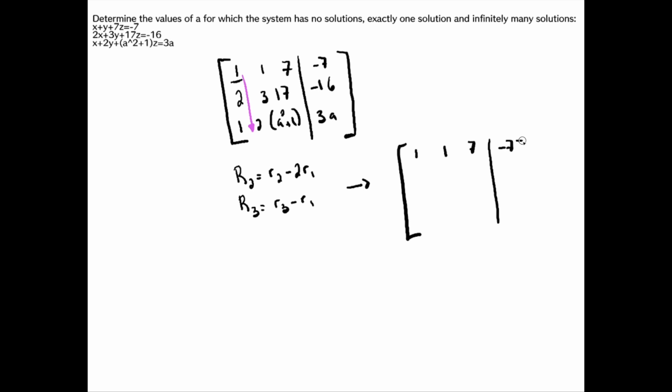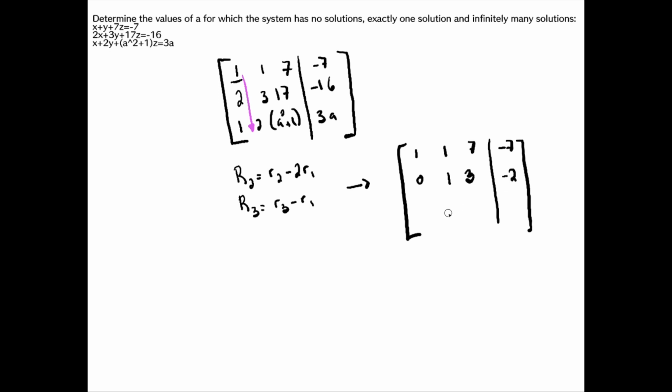And now row 2 is row 2 minus 2 row 1. 2 minus 2 is 0. 3 minus 2 is 1. 17 minus 14 is 3. -16 minus -14 is equal to -2.